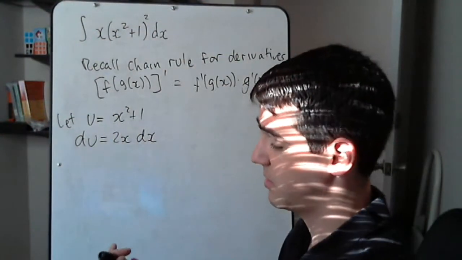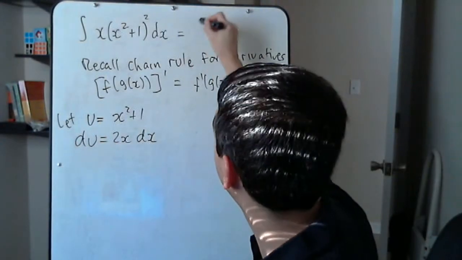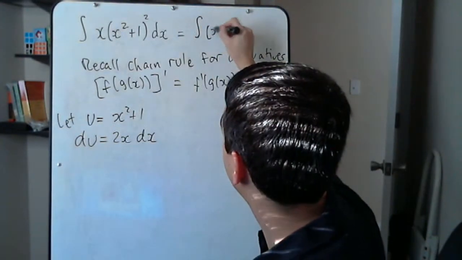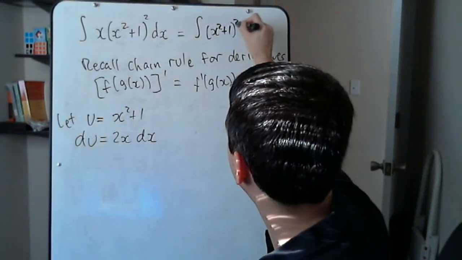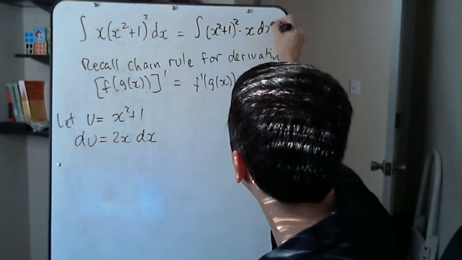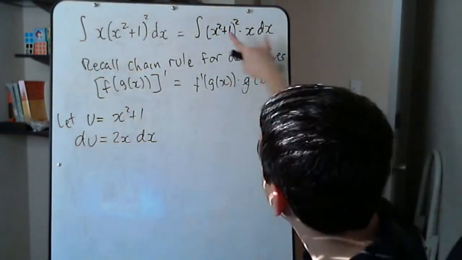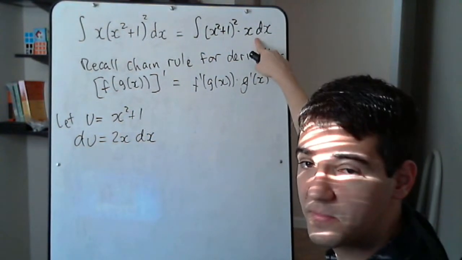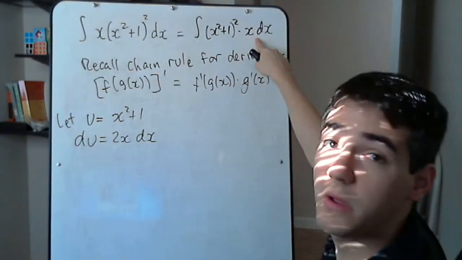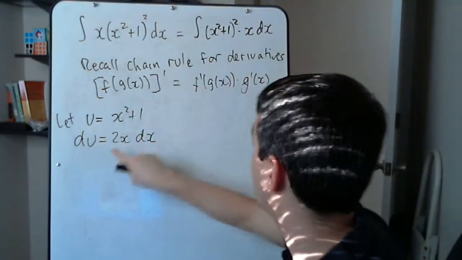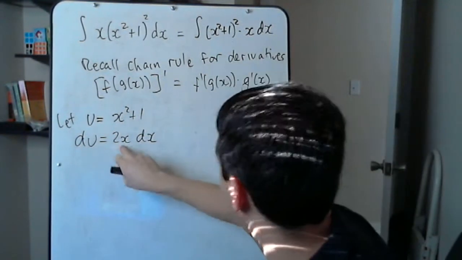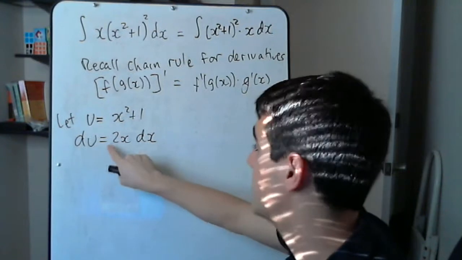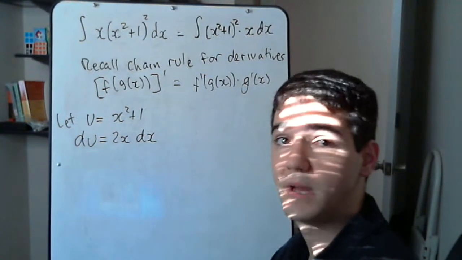The way we're going to do that is I can rewrite this integral as the integral of (x squared plus 1) squared times x dx. Okay? I want this to look like this. The only way I can do that is divide both these expressions by 2.